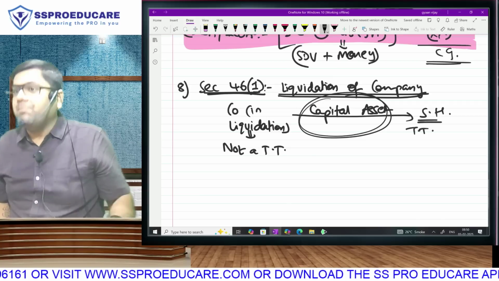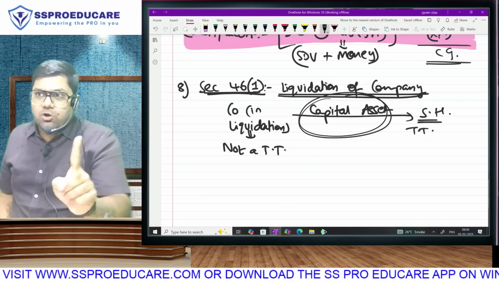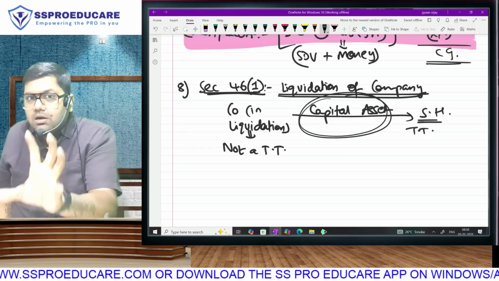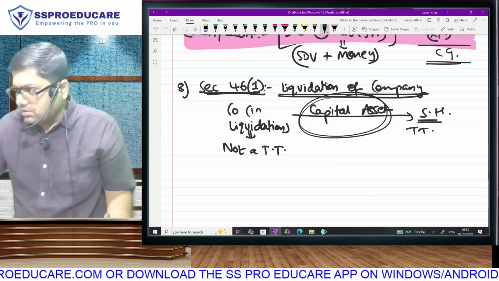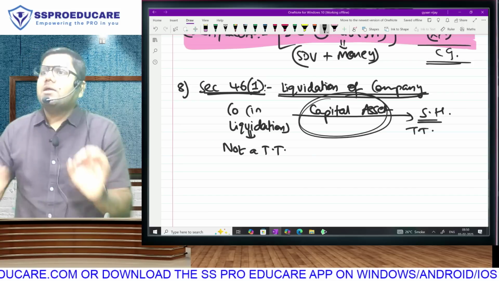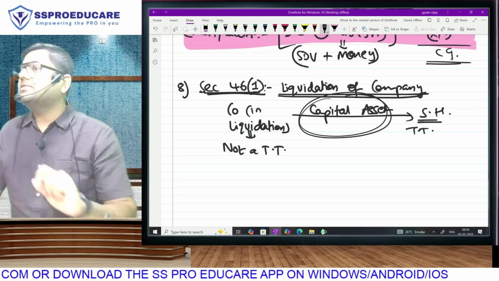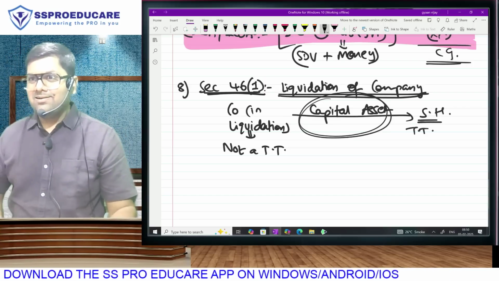Rubbish. The first mistake which even the best of students make is not understanding that land is not the asset that is attracting capital gain. Capital gain cannot and will not come on what you are getting. Capital gain is the gain on the transfer of an asset, and land is what you are getting.